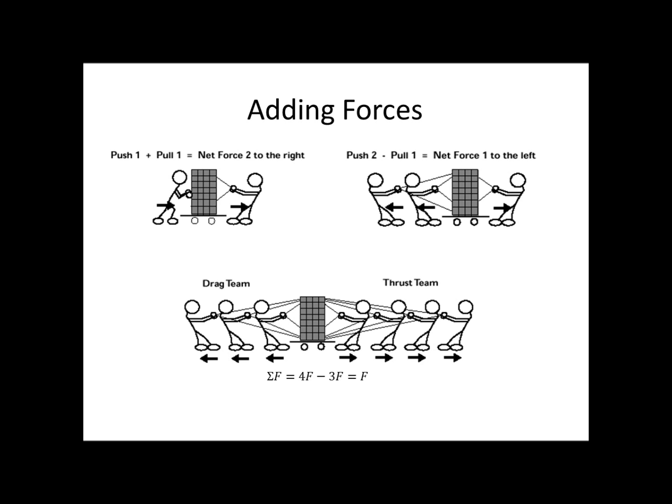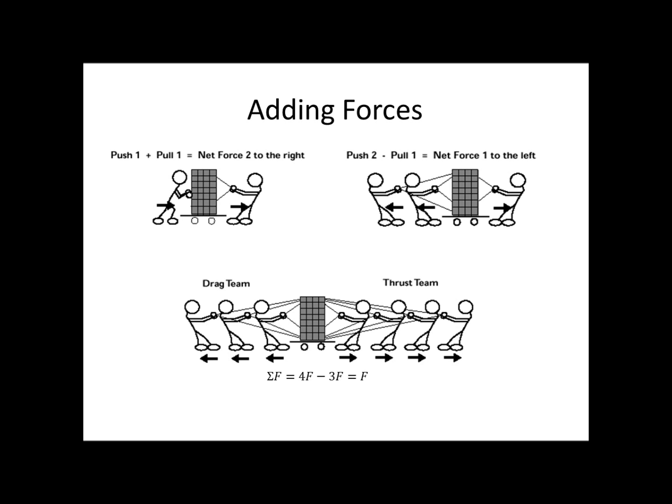Now, our second picture, we have two guys pulling to the left and one guy pulling to the right. So we take the two forces and subtract the one force to find out that our net force, that is, when we add up all the forces, is one force to the left. Net is just a mathematical word that means add up.